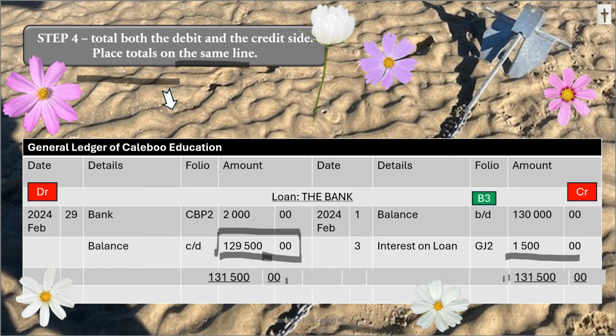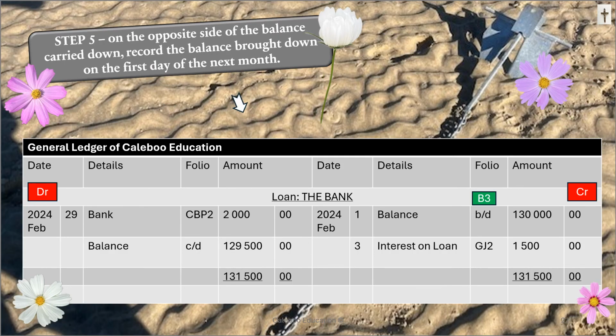And step 5 says on the opposite side of the balance carried down, on the first day of the next month, you say balance brought down.